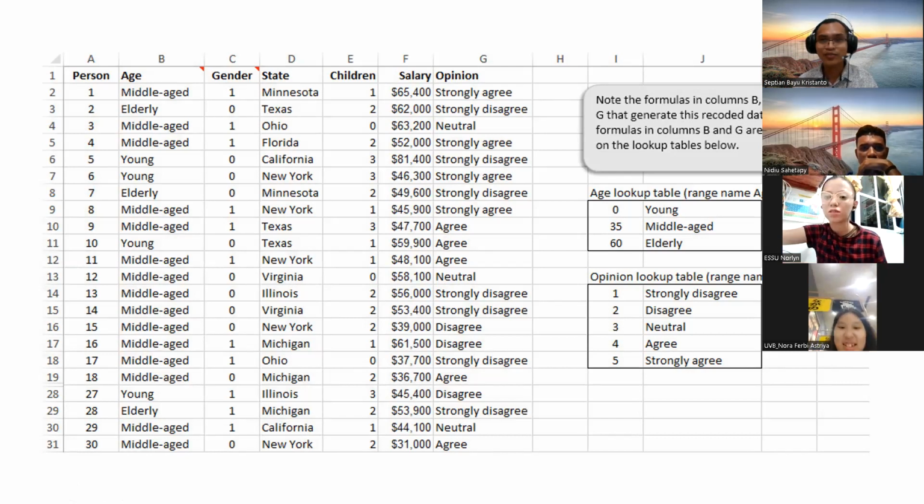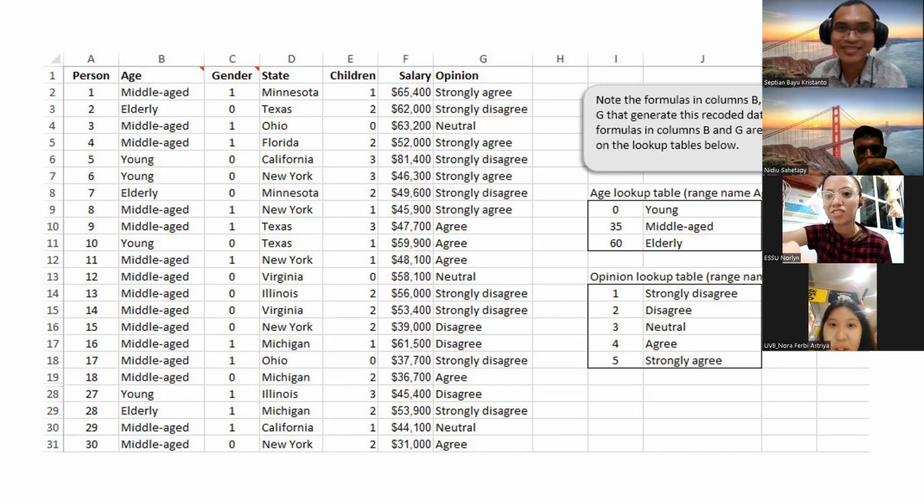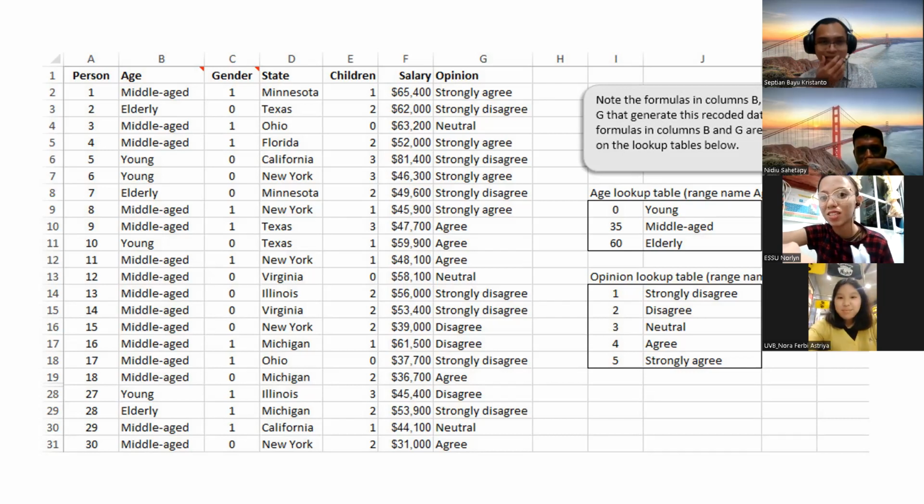Can you state which variables contain numerical data? The salary and the number of children. Salary, good, number of children, any other? Is the gender numerical? The age. The age also. The age, yes, good.